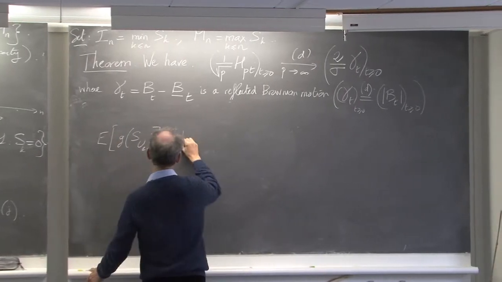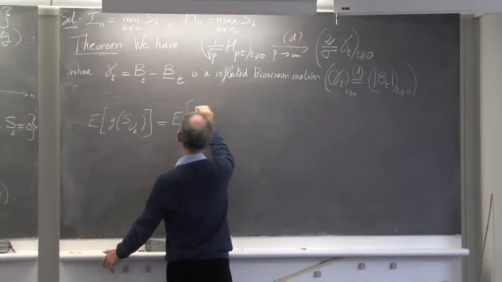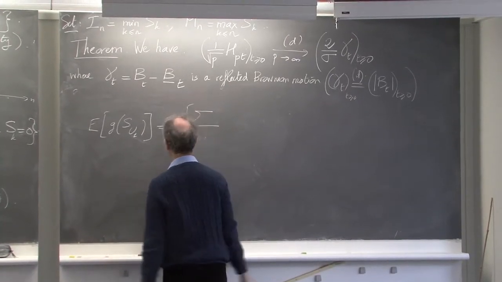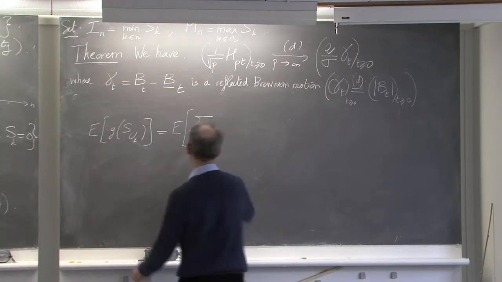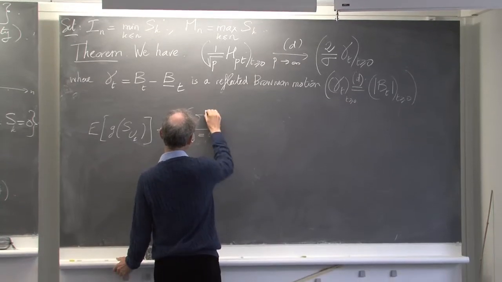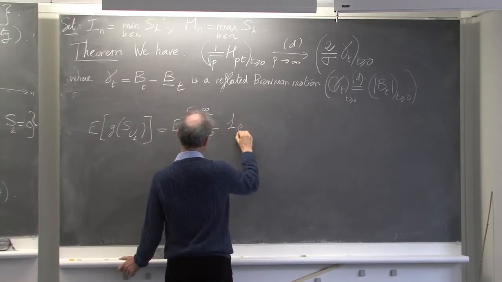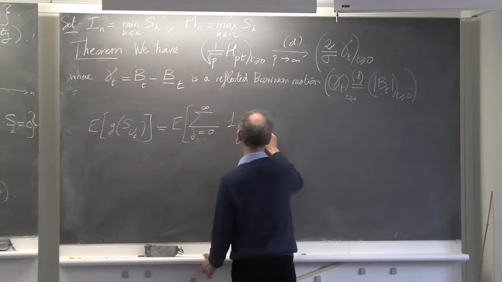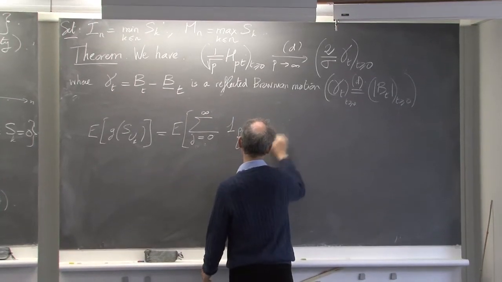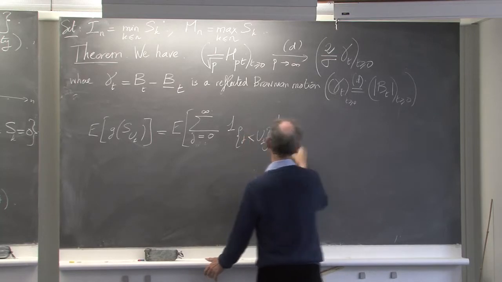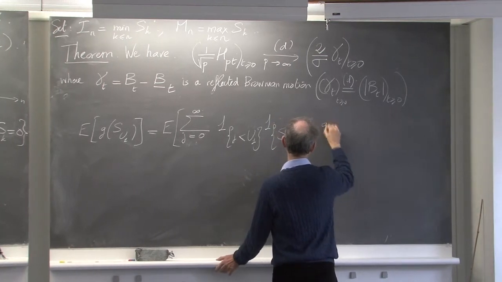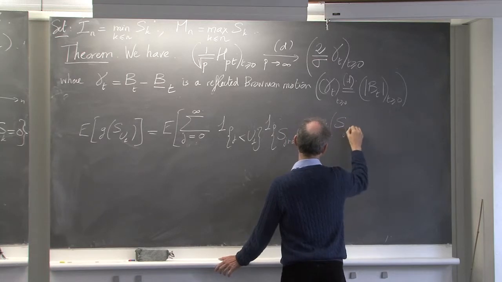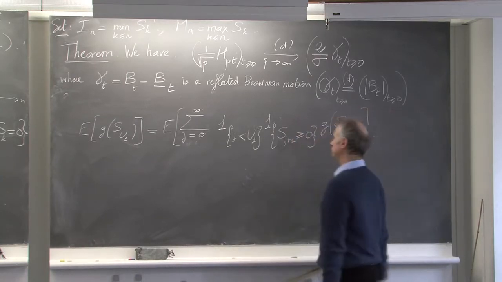And again, I'm going to write this in a seemingly more complicated form. I'm going to sum from j equals 0 to infinity the indicator function that j is less than u1, the indicator function that s_{j+1} is non-negative, and then g of s_{j+1}.